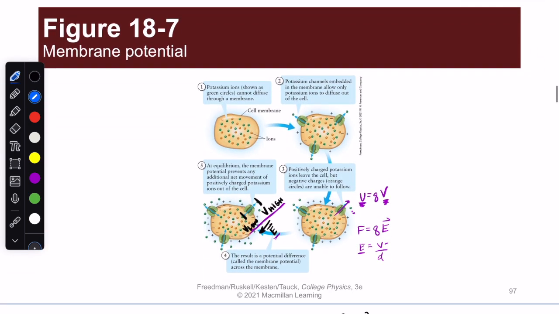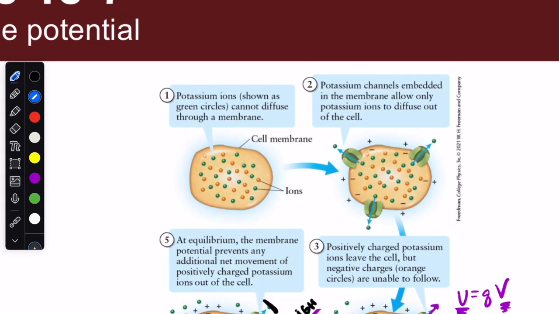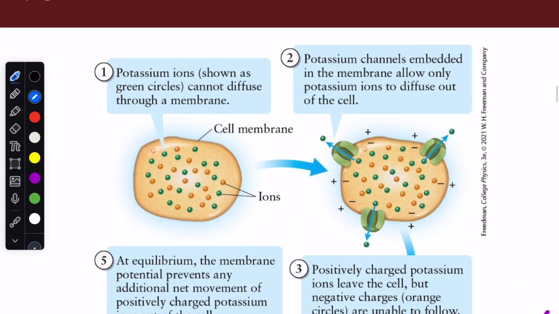So where can we see this kind of idea in biology? Well, in cell biology, we can model the ion exchange through cells with little resistors. Basically, you have a cell, and inside the cell are potassium ions.